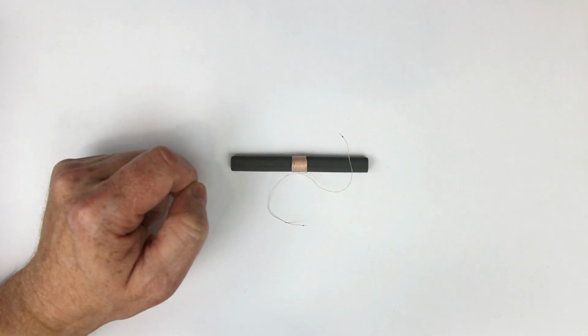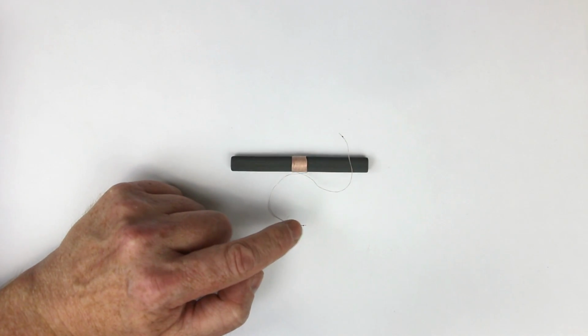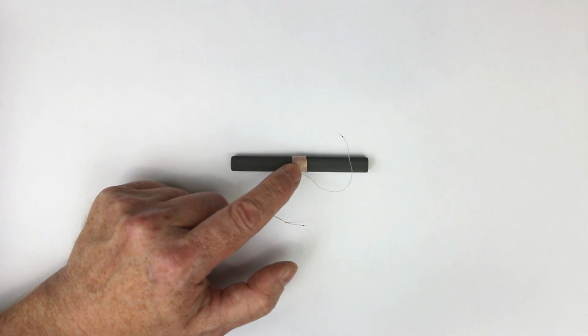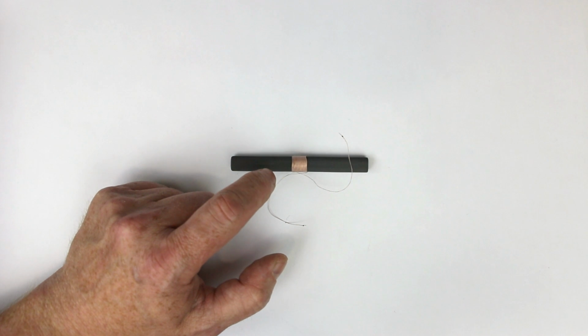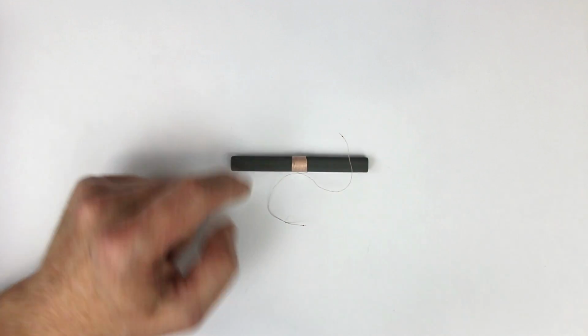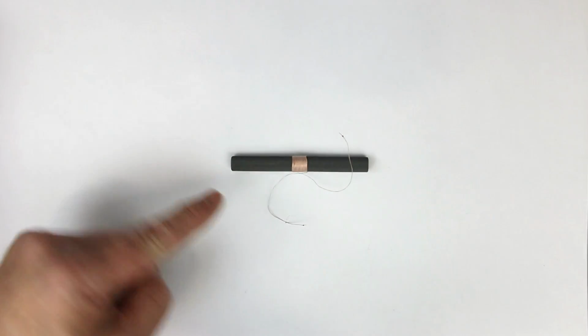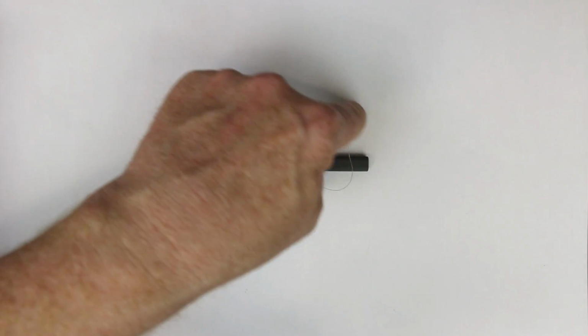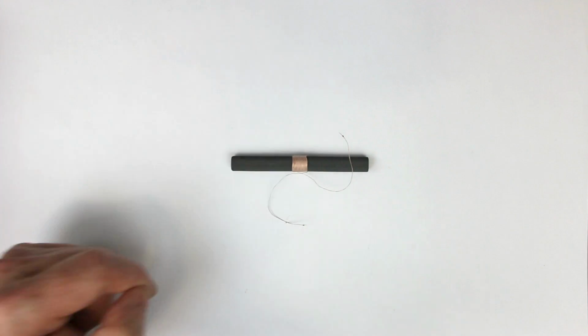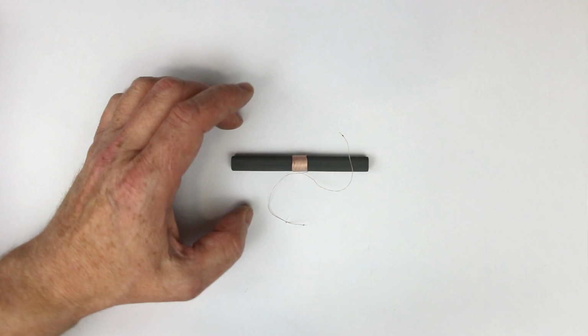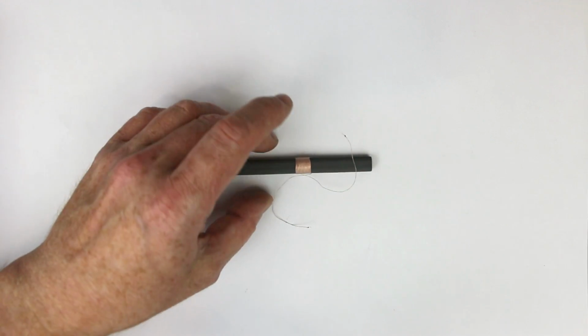Every coil will generate a voltage or a current if there is a changing magnetic field, which our electromagnetic waves are. If you send a changing magnetic field through a coil, then of course a voltage is induced. That's the principle of induction.